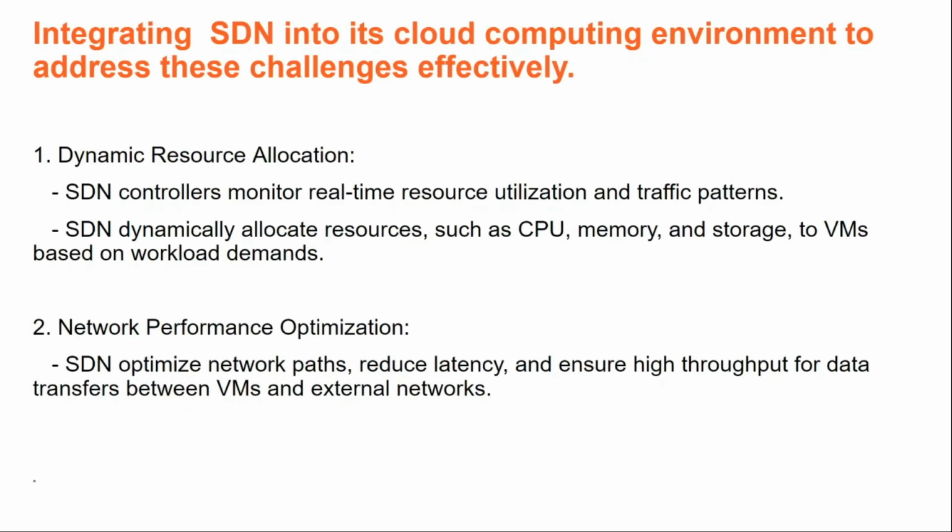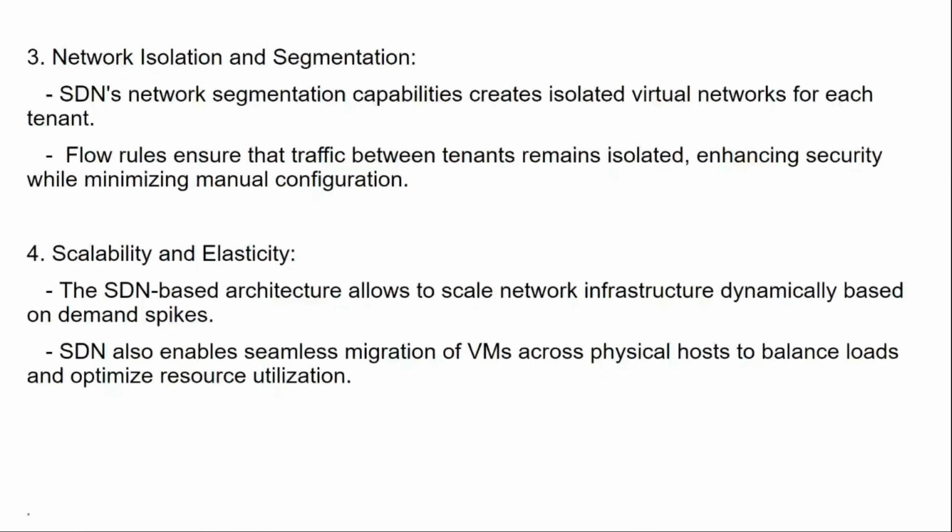It knows the network, the different underlying forwarding devices, the distances, everything. So it optimizes the network paths, reduces the latency, and ensures high throughput for data transfers. That is how network performance is optimized using SDN. Then we have network isolation and segmentation.